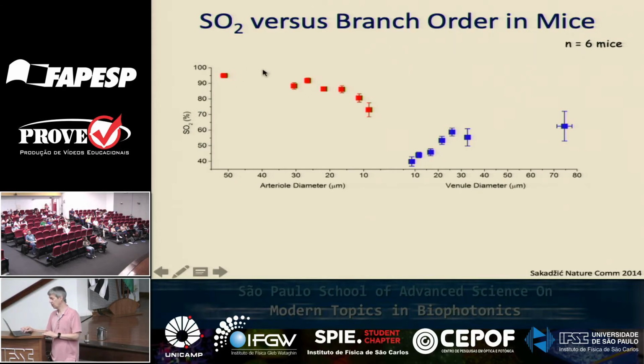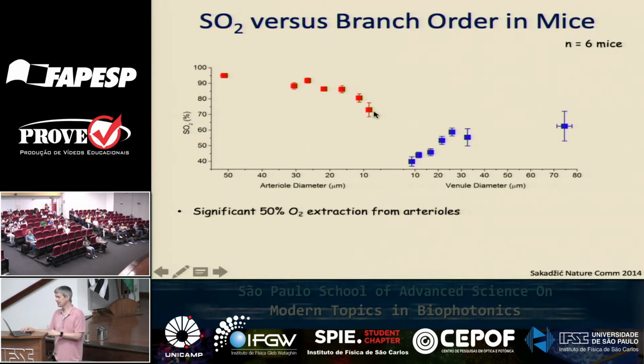First of all, as we go to branches of smaller and smaller arterioles, you see there's less and less oxygen. What we're seeing is that 50% of the oxygen delivered to the tissue is actually coming from the arterioles, before you ever get to the capillaries, right? If you read textbooks, it says oxygen is delivered to the tissue from capillaries.